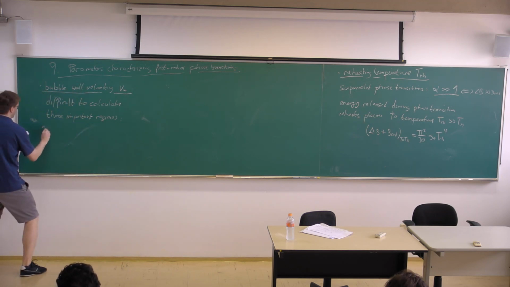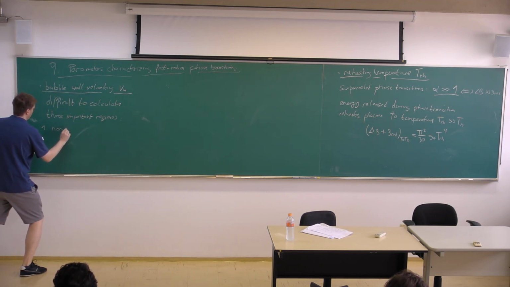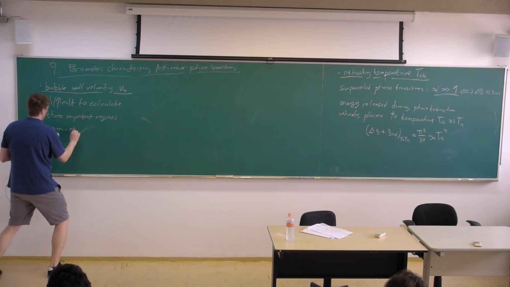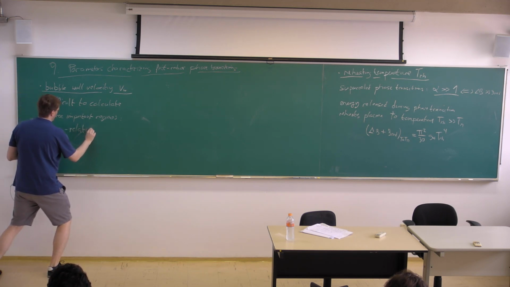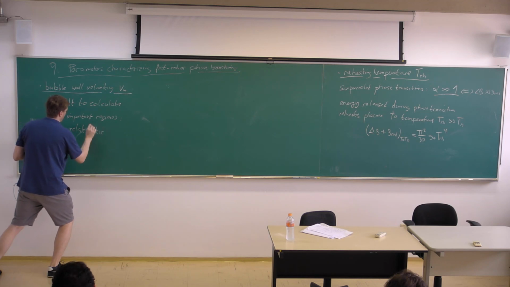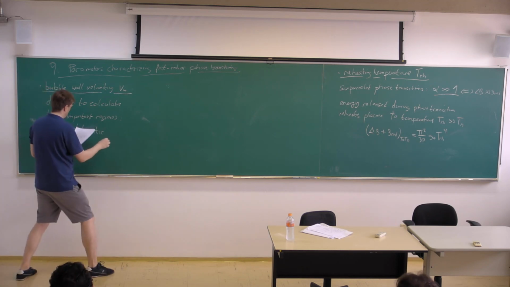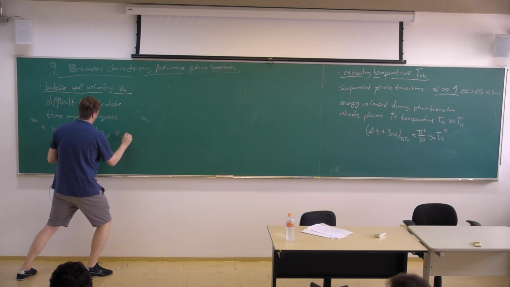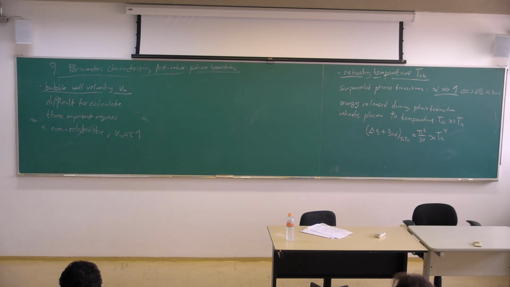One is the possibility that it's just non-relativistic, so the velocity is much smaller than the speed of light. That could happen if the interactions with the thermal plasma are so strong, the friction is so strong, that it's slowed down so significantly.